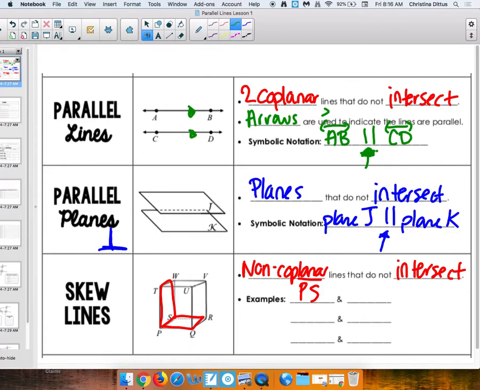So for example, VR back here, not on the same plane as PS, and doesn't cross. So it's like we got a line over here and then a line over here. They don't cross, they're not on the same plane. Okay.